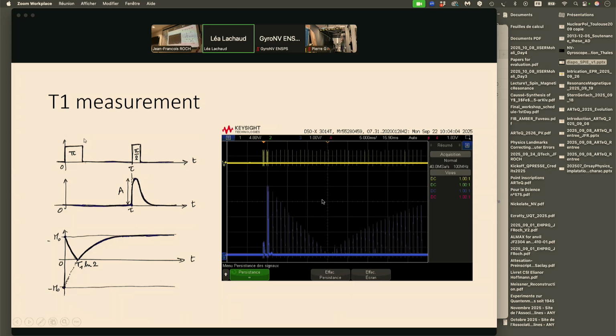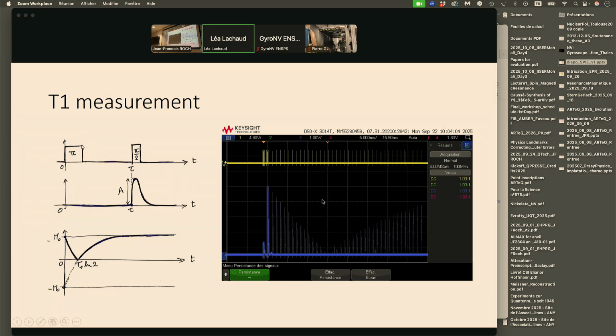So at the end of the pi pulse, the spins are pointing in an anti-parallel direction with respect to the magnetic field. Okay, they're anti-parallel, so the energy is maximum.